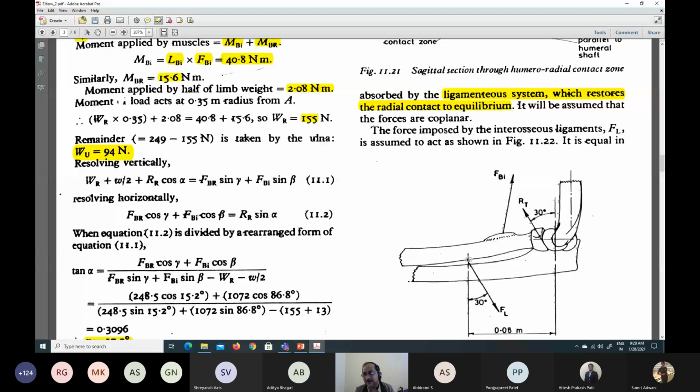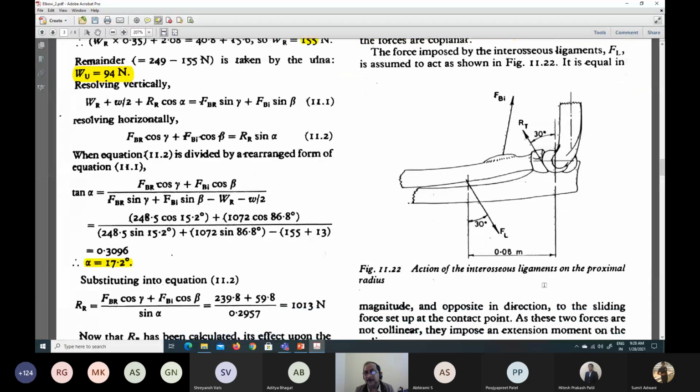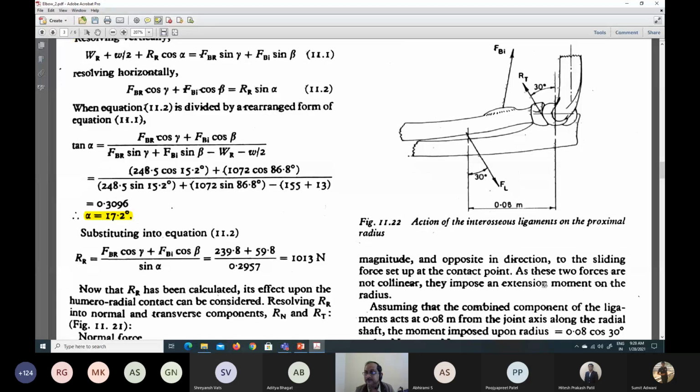And we have the data that it acts at 0.08 meters from the joint axis. So we fix the point of application and the line of action of the ligamentous force, and we again take up the equilibrium of the system.